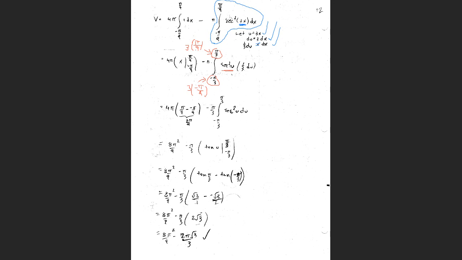Then I just get the antiderivative of the secant squared, which is the tangent of u, and just proceed forward. And the answer in the end is going to be 8 pi squared over 9 minus 2 times pi root 3 over 3.